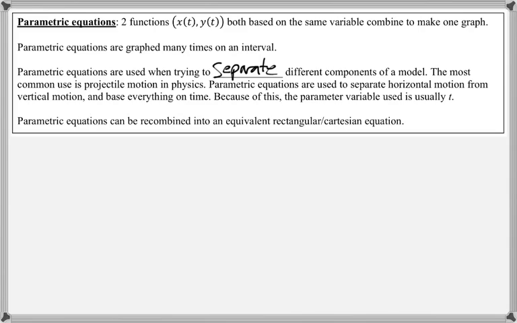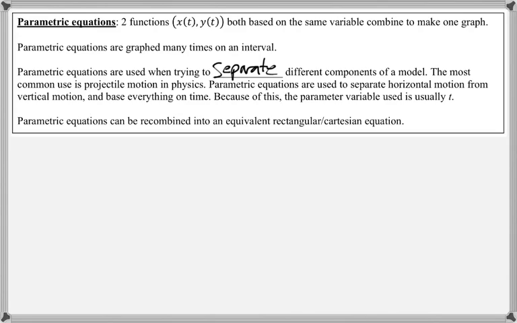One of the most common is projectile motion in physics, where you're trying to separate horizontal motion from vertical motion, and then base everything on time. So how far forward or to the right did the projectile move versus how far up did it go, and then base everything on time. Because parametric equations are usually based on time, the variable used is usually t.